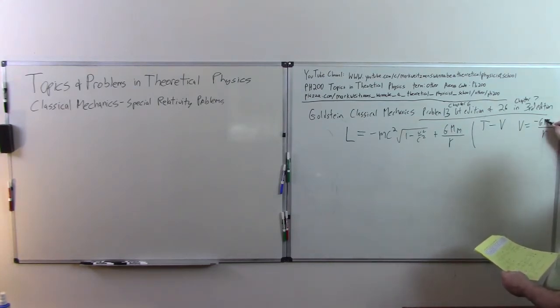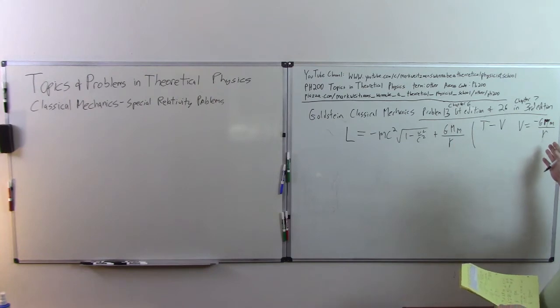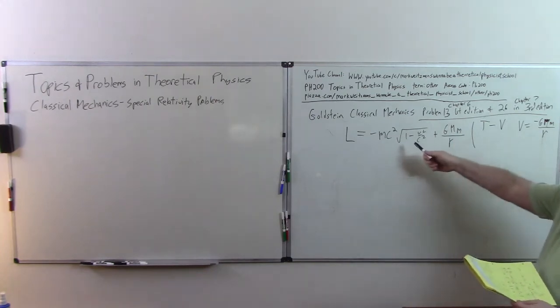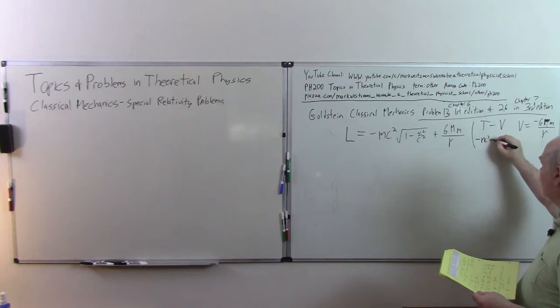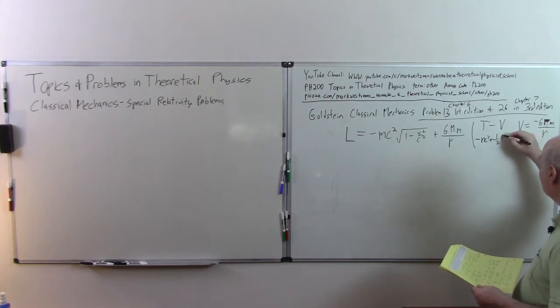As I said, this is probably not a consistent Newtonian potential for special relativity, but for a static case it's okay. If you expand this out, you get minus mc squared plus 1/2 mv squared plus higher order terms.